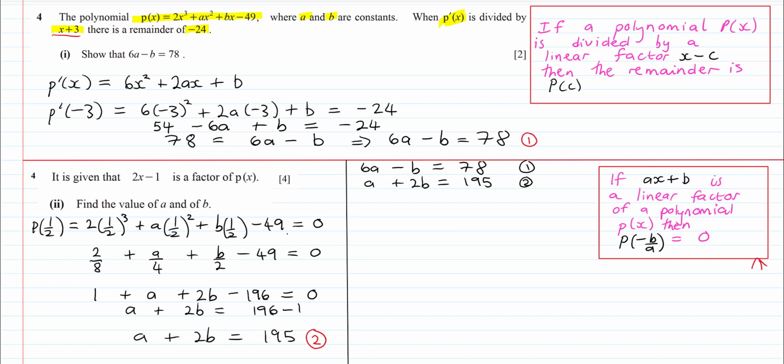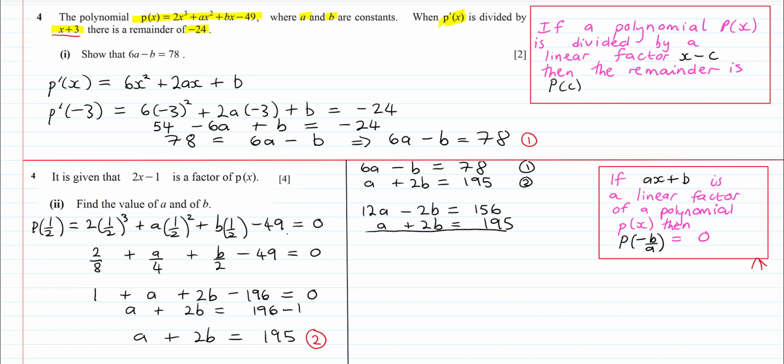So multiplying equation 1 through by 2, 6a times 2 is 12a, then for the rest we're going to get minus 2b is equal to, well, 2 times 78 is 156, and equation 2 is the same, so that's a plus 2b is equal to 195.